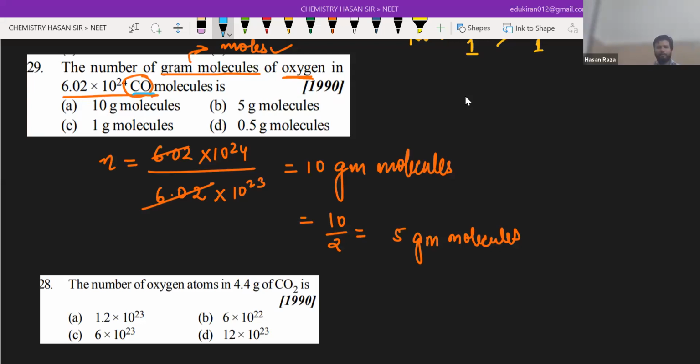Very good, Siddhika. Very good, Rishita. Akib, what about you? Just let me know if you are unable to solve this.